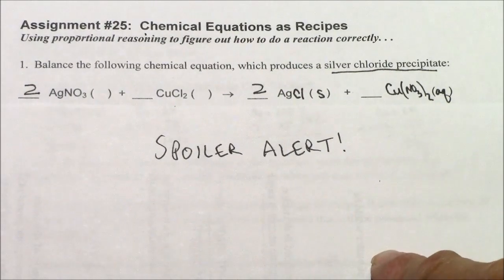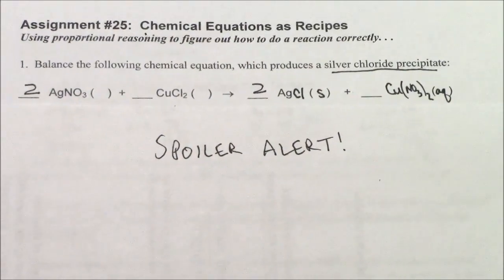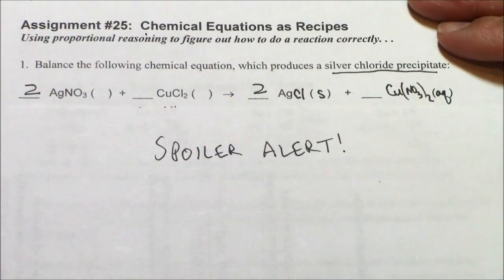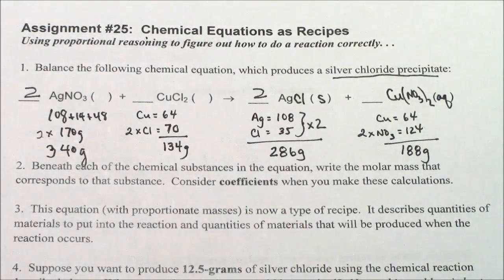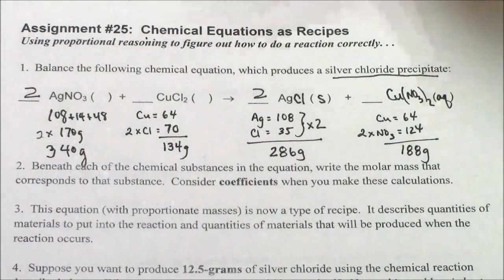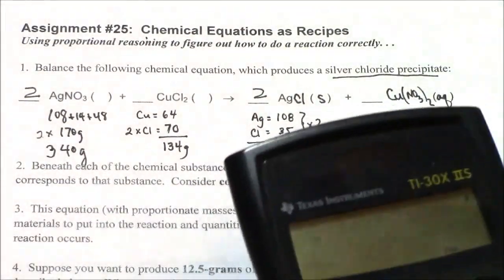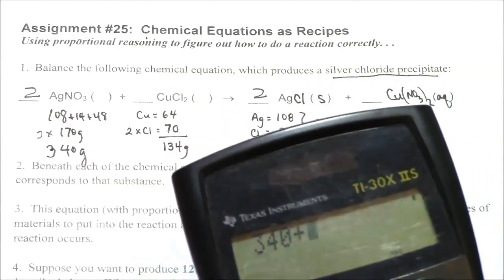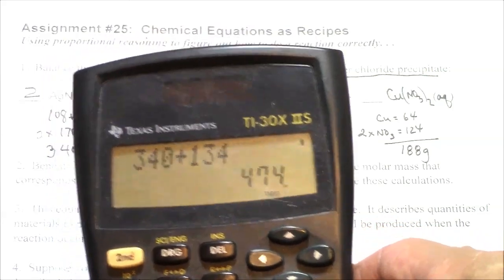I'm about to reveal my answers. If you haven't done it yet, really, pause the tape. So here we go. These are my answers. You should see that the total on the left, 340 plus 134, that's a total of 474 on the left.